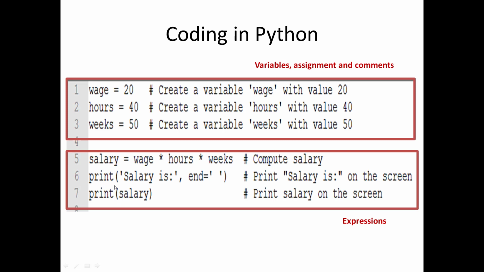Now we have a print statement. We're going to print this sequence of characters, we call it a string, "salary is", comma, and then end with the space in between. Okay? This will print "salary is" on the screen. And then we're going to simply print the variable salary.